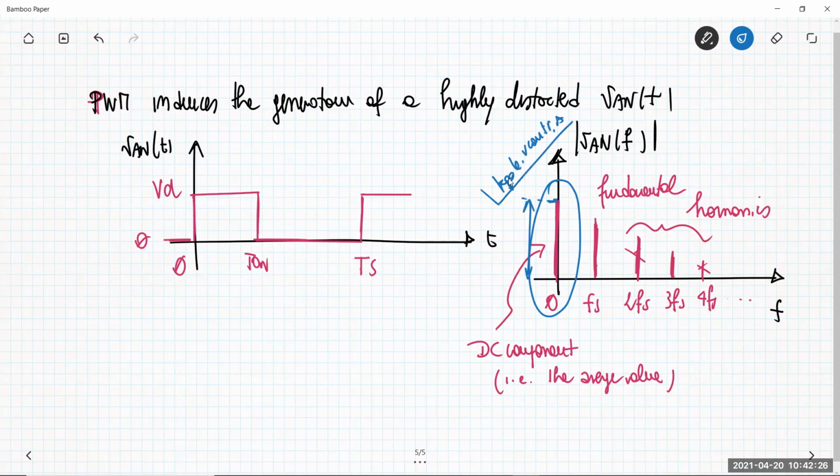So in order to recover the quantity that is modulated using K pole, so using the control voltage and the variation of the width of the pulses in the unitary switching function, you have just to eliminate the fundamental and all the high order harmonics, and then retain just the DC component, the average value.